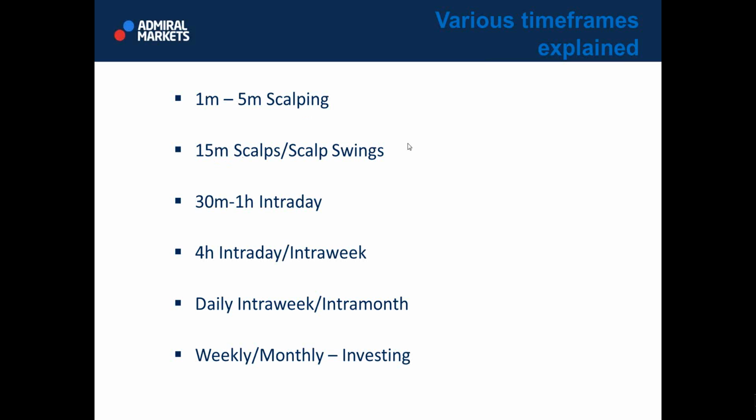Some traders call it scalp, I call it scalp swings. That is something in between scalping and intraday, because targets are slightly higher than on scalping time frames. So scalp swings are definitely better in terms of potential pips.